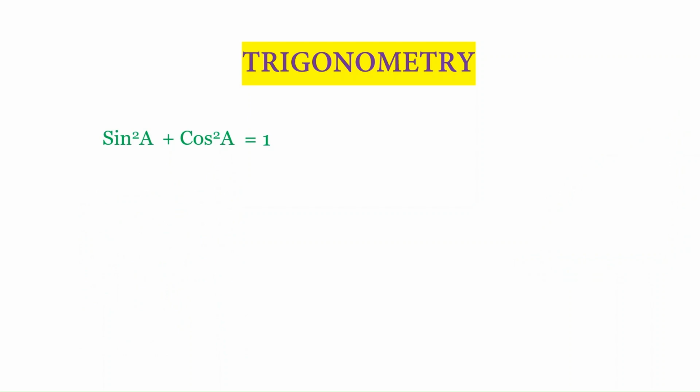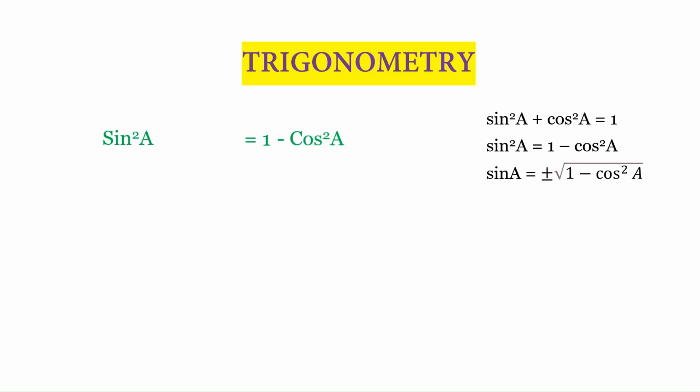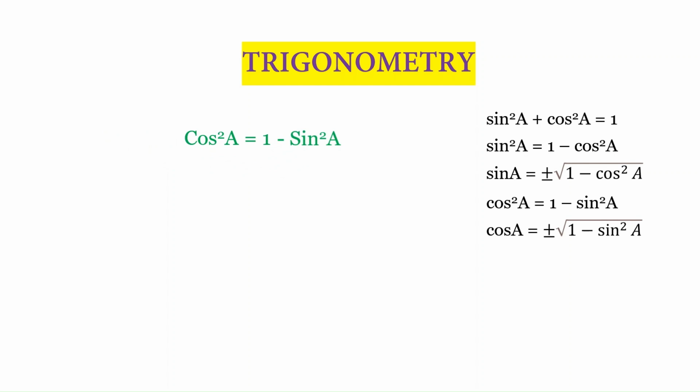Now in this identity, if we transpose the cos square A to the other side, it becomes minus cos square A. Now we have sin square A equal to 1 minus cos square A. And from this we can write sin A equal to plus or minus root of 1 minus cos square A. In a similar way, if we transpose sin square A to the other side, we will get the formula for cos square A, that is cos square A equal to 1 minus sin square A. This can also be written as cos A equal to plus or minus root of 1 minus sin square A. When we know the value of sin A, we can find the value of cos A like this.